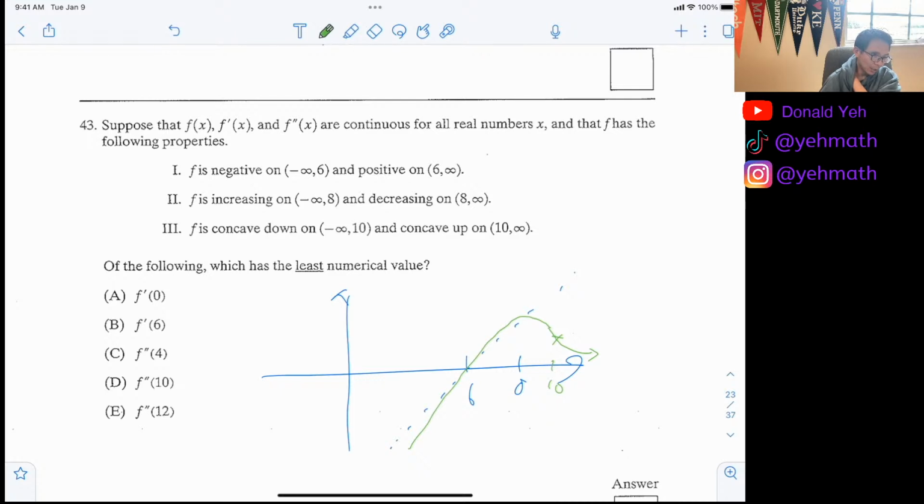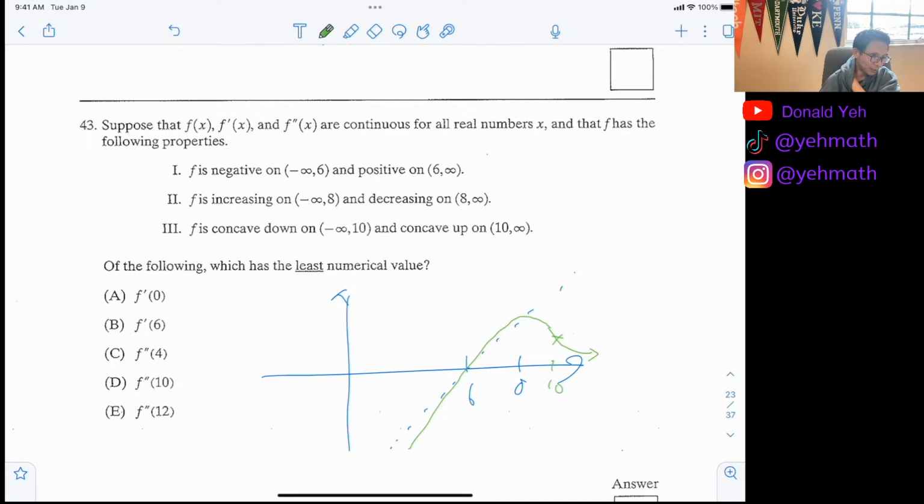Good. F is increasing, so it's going up, and then comes back down at 8, which I did. And F is concave down from negative infinity to 8, which I did. And from 8 to 10, wait a second, concave down. Okay, all the way to 10. And after 10 is concave up. So yeah, this is a pretty good graph.